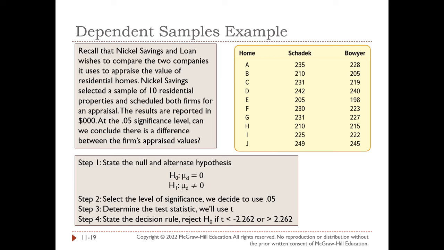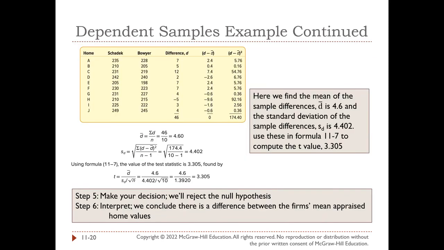Again, we have a two-tailed test with 9 degrees of freedom because we're using 10 residential properties. So 10 minus 1 is 9.